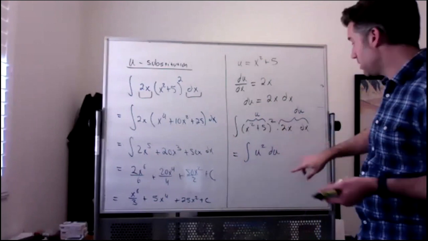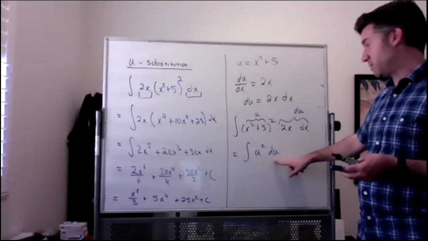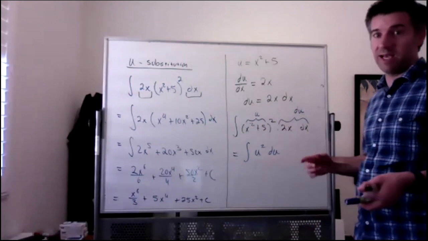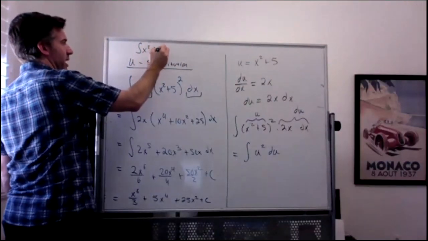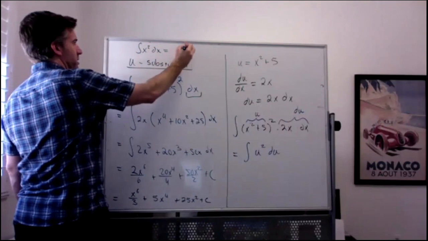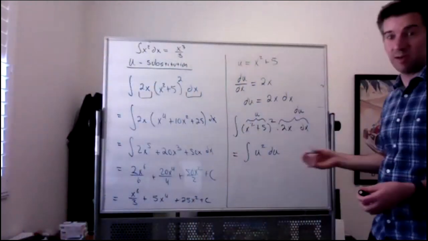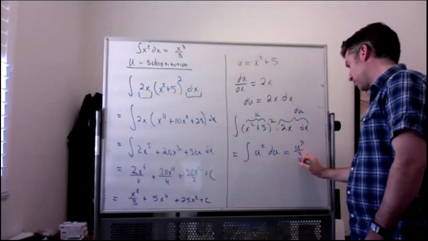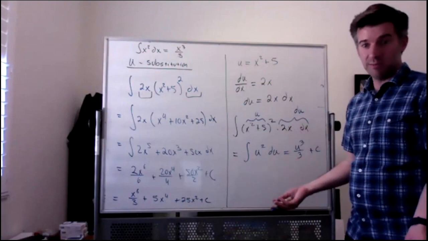Since my variable and my differential match, this means I want to antidifferentiate u squared with respect to u. Just like if I antidifferentiated x squared with respect to x, I would get x cubed over 3, if I antidifferentiate u squared with respect to u, I get u cubed over 3 plus c. But we're not done.